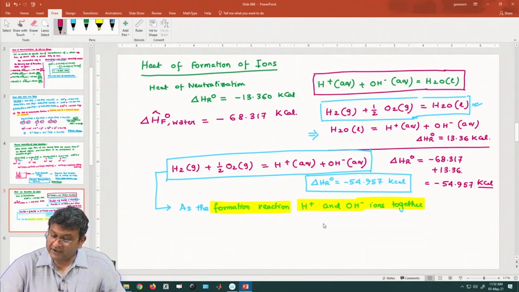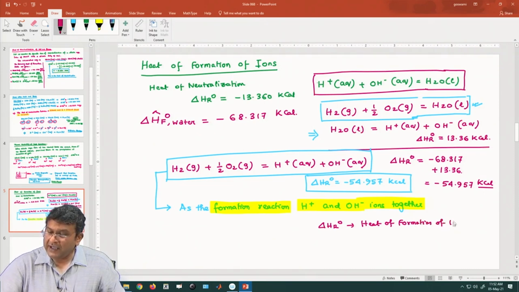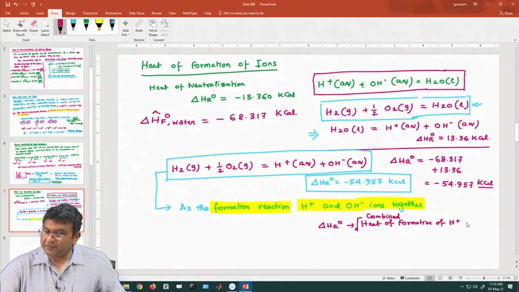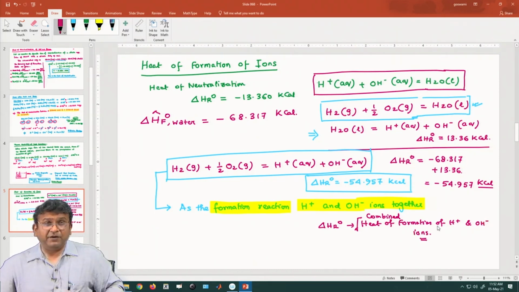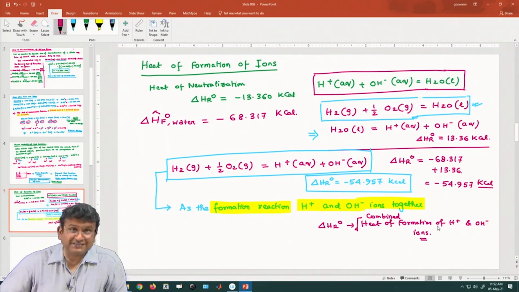This particular thing, HR 0, you can consider the combined heat of formation of H plus and OH minus ions. So, I stop here and finish the remaining part of the heat of formation of ions in the next class. Thank you very much.